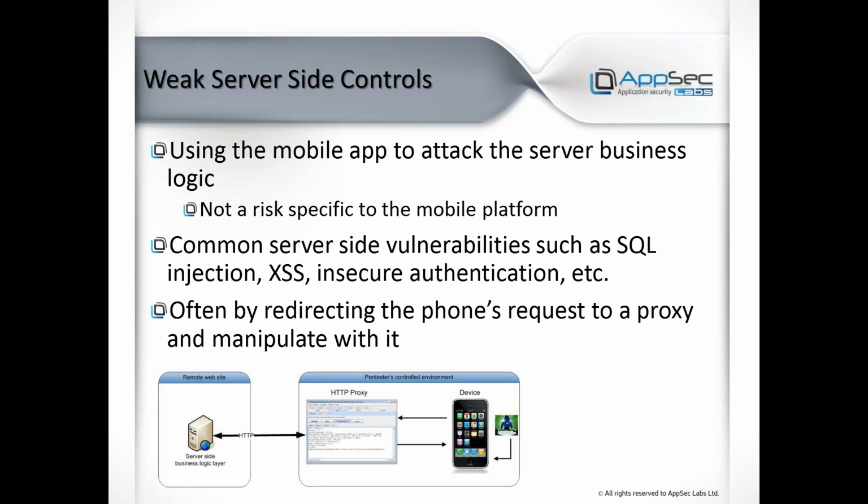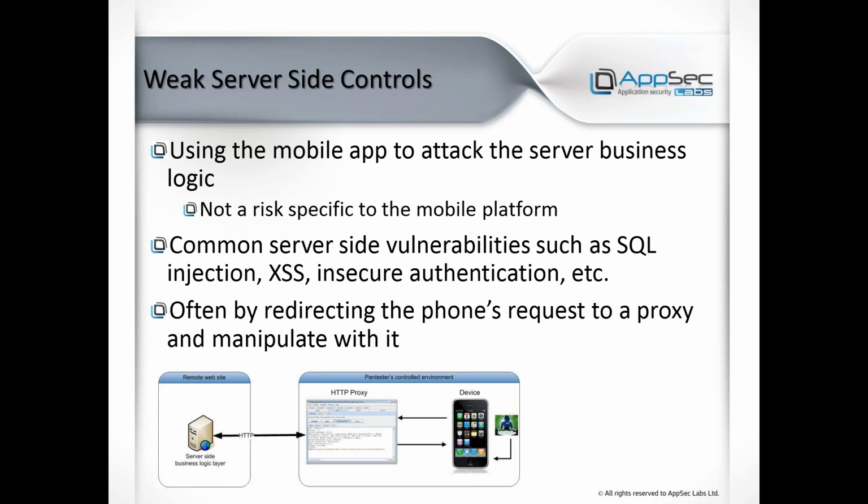And here we are after server-side vulnerabilities. It is quite similar to pen testing a web app. Here we are talking about doing some authentication bypassing, for example, spoofing the identity of the mobile app user to another user identity. We're talking about vulnerabilities such as SQL injection.